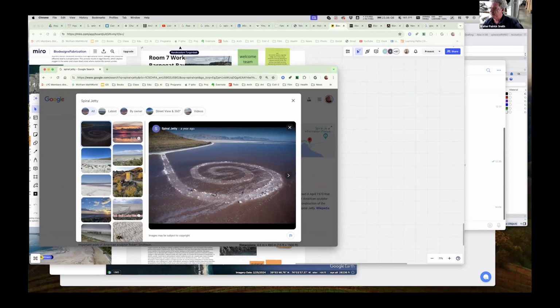Do you guys know this project in the Great Salt Lake by Robert Smithson? Kind of one of the land artists. I think this is one of the more beautiful pieces of sculpture ever made on Earth. But I think there could be a version of this that's supernatural, that works with wave action, and is a little bit different.